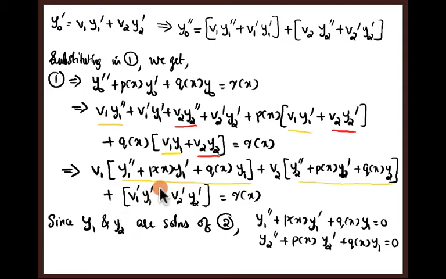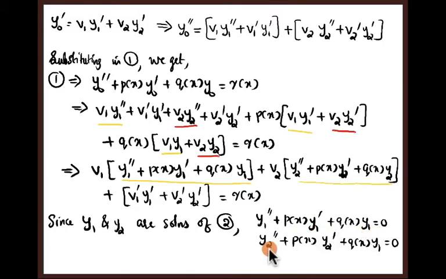Here, since y1 and y2 are solutions of equation 2, that is our associated homogeneous equation, we have the relations y1'' + p(x) y1' + q(x) y1 = 0.